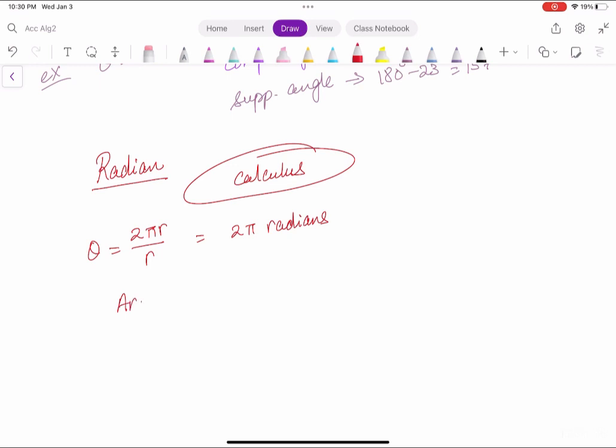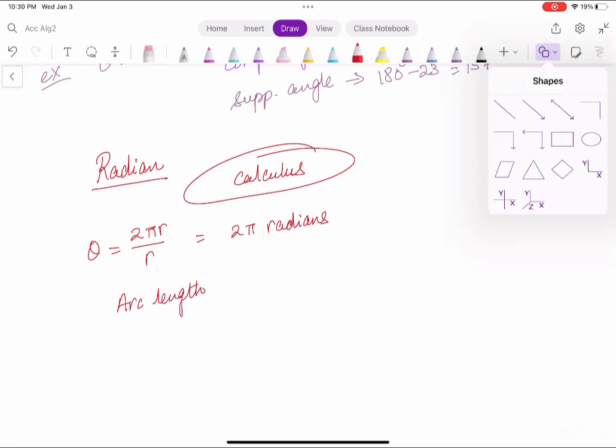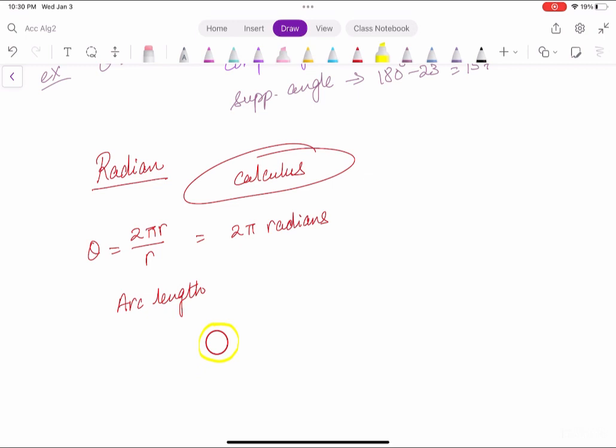And that will lead to the conversion from radians to degrees and degrees to radians that you have done in geometry. The other thing that you have done in geometry is the arc length. Arc length is nothing but the total measurement of the circle's outside rim, that means the circumference. So arc length, which we represent by S, is nothing but the circumference 2 pi r.